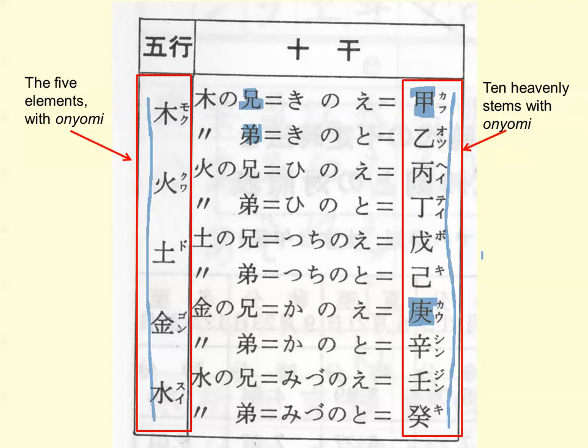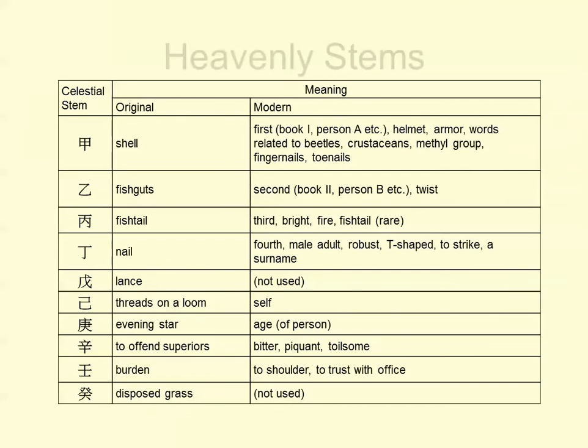So those are the 10 heavenly stems that we see here. Now, where do these come from? What are their origins? I'm going to digress just a little bit here and show you the original meaning of these characters. They go pretty far back in Chinese history, and the modern meaning. In other words, if you looked it up today in the dictionary, what would it say about that particular character?